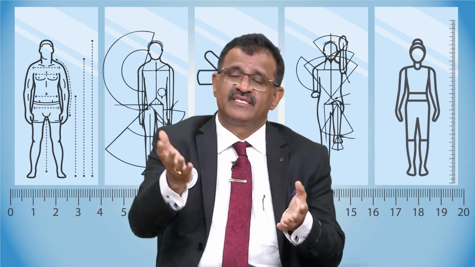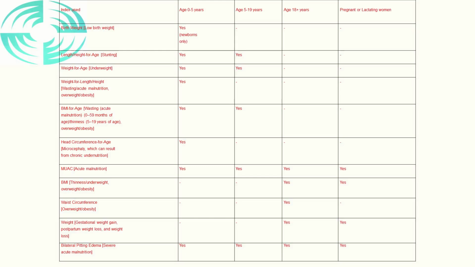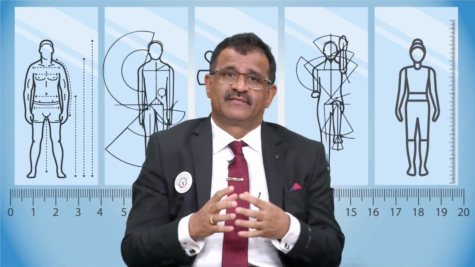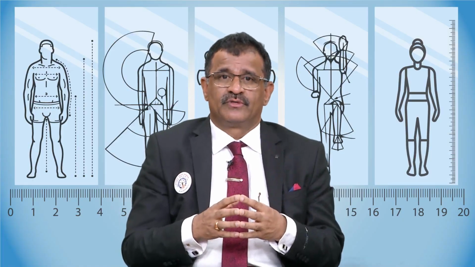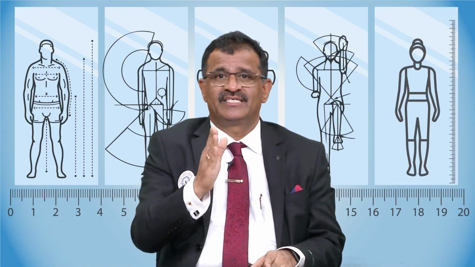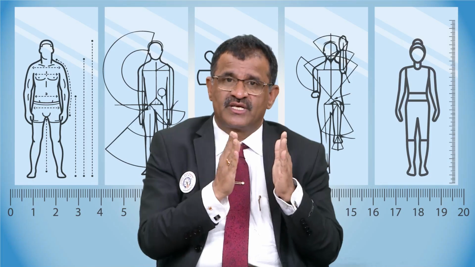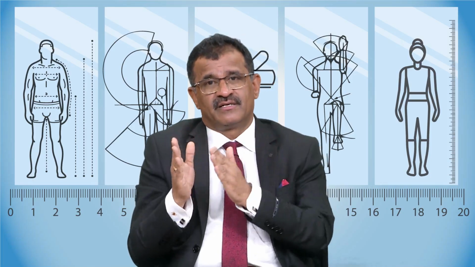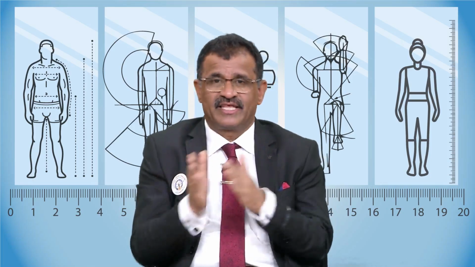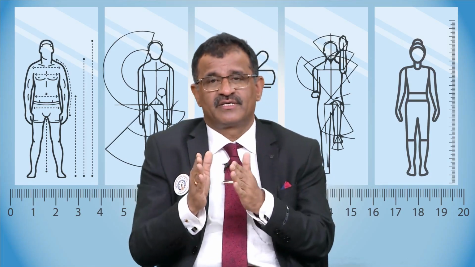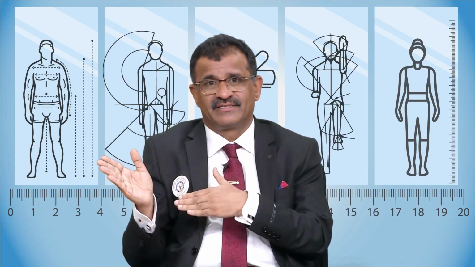But if you see this table, more concern is of course given to under 5 children. So, these indices which I am showing you, they differ from age to age, or they are applicable to certain age categories, and they may not be applicable for certain age categories.